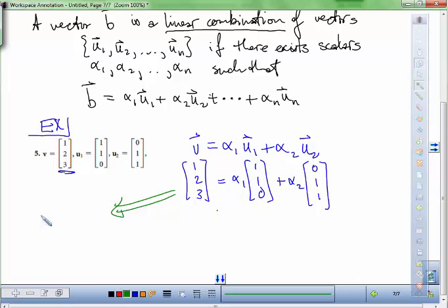It looks like I have alpha 1 plus 0 alpha 2 is equal to 1. Did you see how I got that? I just went through alpha 1 times 1 plus alpha 2 times 0 is equal to 1, just on the first components.